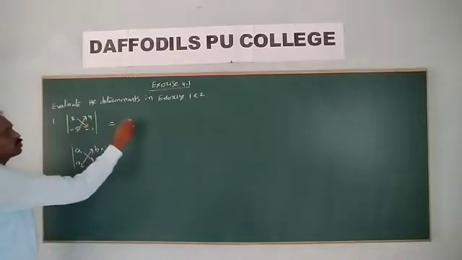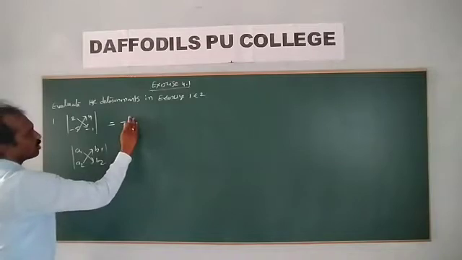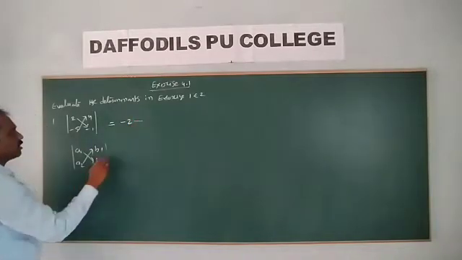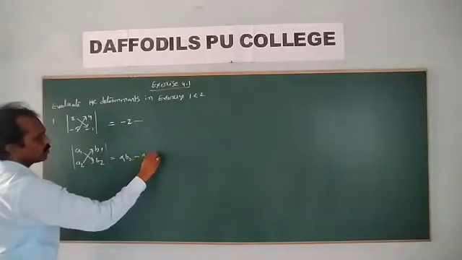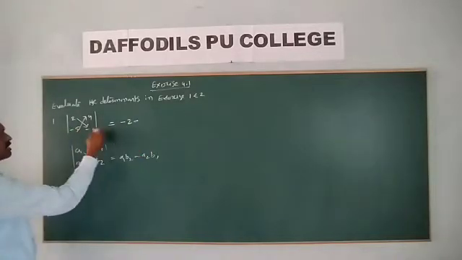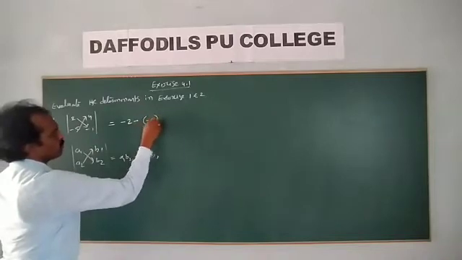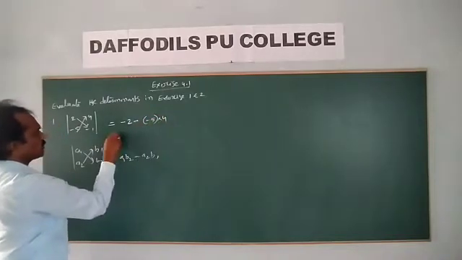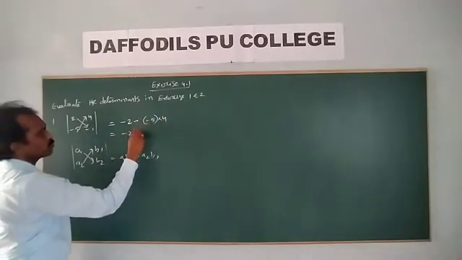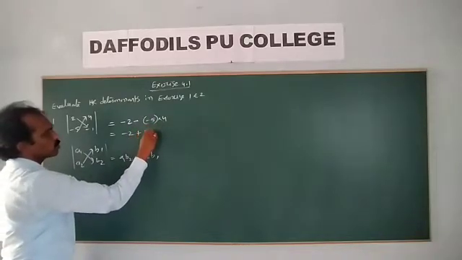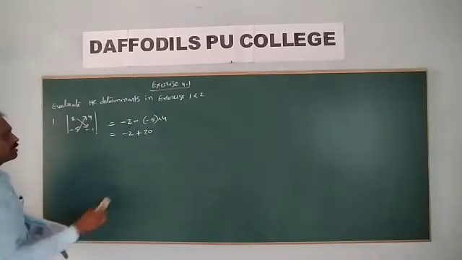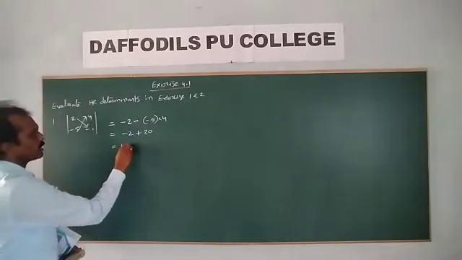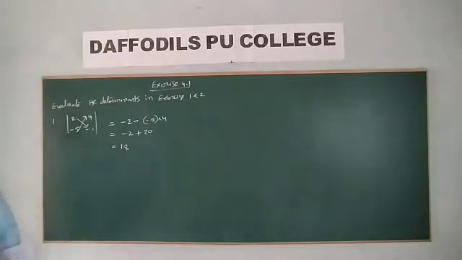So here, 2 into minus 1 minus, and minus 5 into 4. What is the value? Minus 2, and minus into minus is plus, 5 fours are 20. So finally this value is equal to 18. What is the determinant value? It is 18.